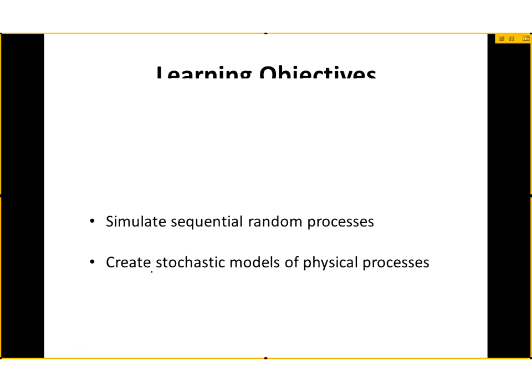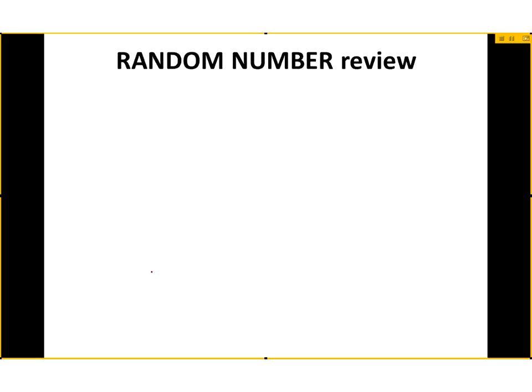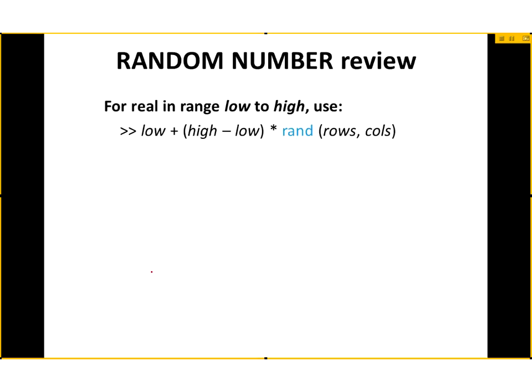So first, I just wanted to take a minute to review the basics of how we generate random numbers, something we talked about early in the course, and we've had opportunity to practice a great deal through various homework exercises and such. You'll remember that in order to just generate a random real number, we use the built-in rand function in MATLAB.